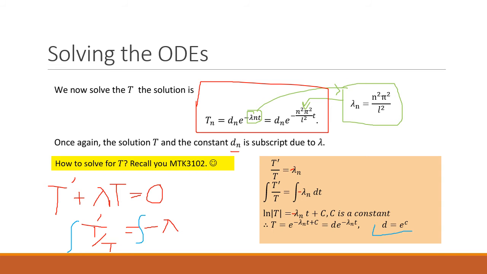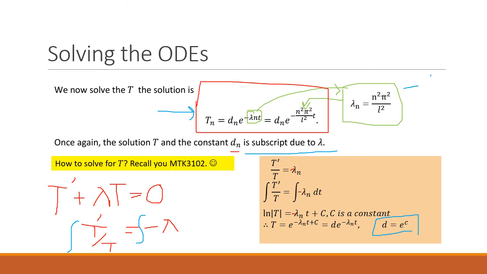Jadi nak hilangkan ln ni, kita letakkan eksponen di kedua-dua belah, so awak akan dapatlah T equal to eksponen minus lambda T plus C, ataupun equal to D eksponen minus lambda T, di mana D equal to eksponen C. So ini recall balik lah, and then awak akan dapatlah solution yang ini.